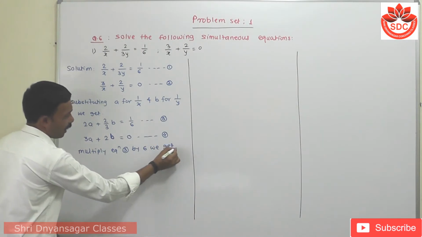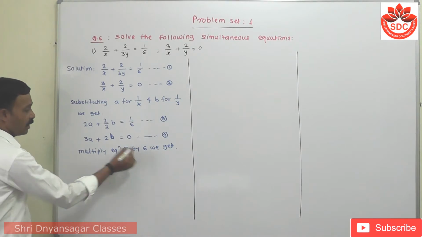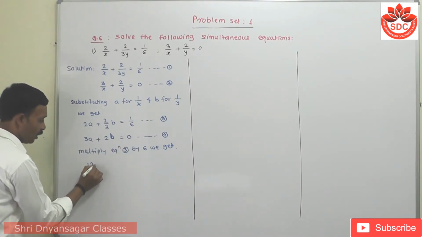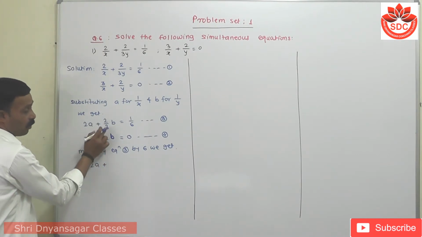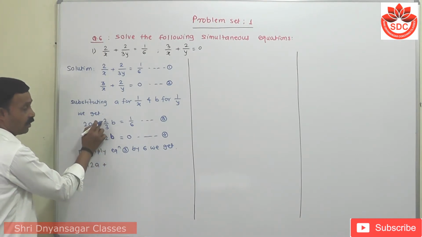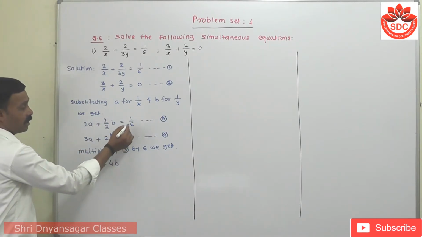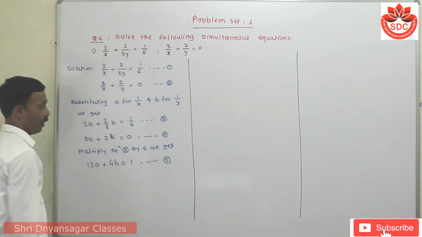We get: I directly write this equation by multiplying equation number third by 6. We get 2 into 6 becomes 12a plus, look here, 6 into 2 upon 3. 3 twos are 6, means 2 into 2 is 4b. Here the 6 gets cancelled, is equal to 1. Let this be equation number 5.